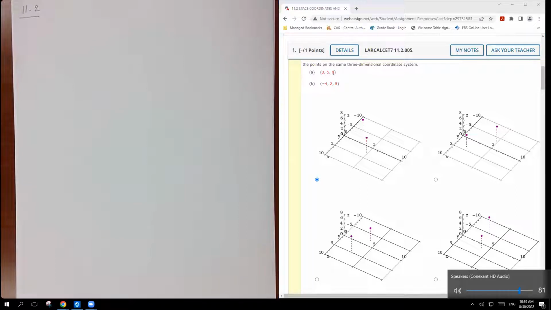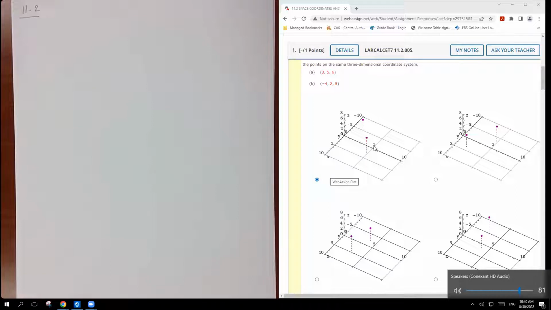Why does it look like it's on 4 instead of 5? Because here, be careful. You see the location of the Y? It's supposed to be here, because I am telling you, the graph is not accurate.